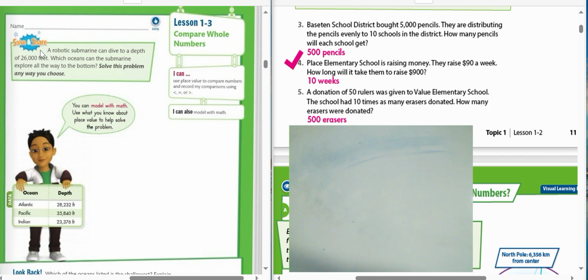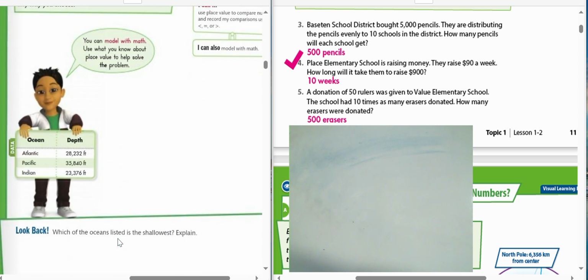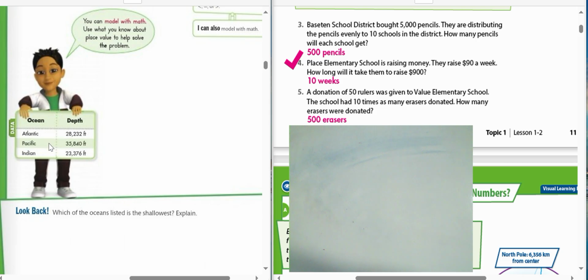Look at this with me, solve this example. An Arctic submarine can dive to a depth of 26,000 feet. Which oceans can the submarine explore all the way to the bottom? Solve this problem any way you choose. We have the width, and here the oceans: Atlantic, Indian, and Pacific.